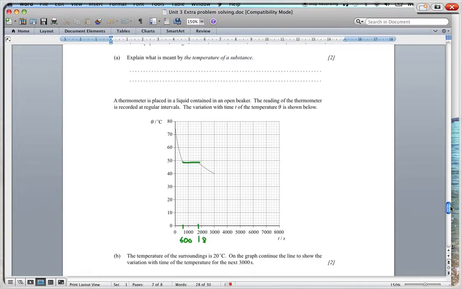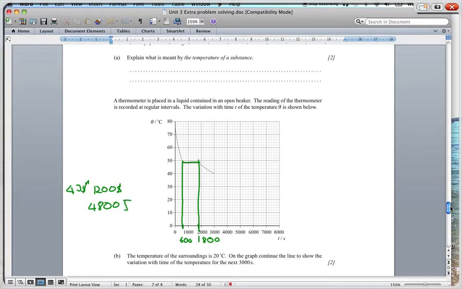So the time that's actually involved during the phase change is 1,200 seconds, and it's at 4 watts. So 4 watts is joules per second. If we multiply the two together, seconds are going to cancel. You're going to get your total joules. So that's going to be 4,800 joules.